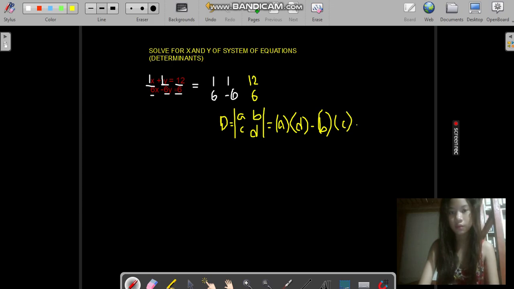So let's solve this one using the formula of D. We just need to copy 1, 6, 1, -6.